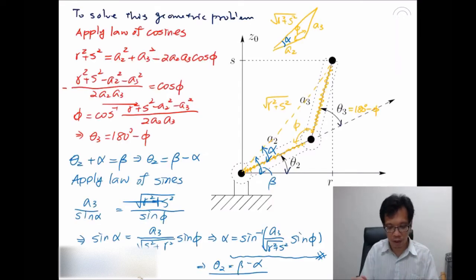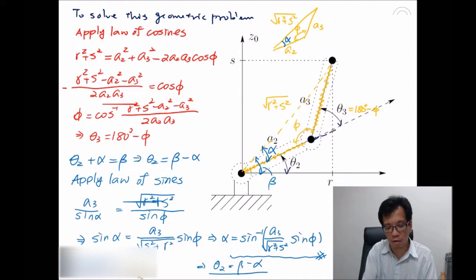So go back to a previous slide over here. When we try to find theta 2 over here, you have no choice but to find alpha and figure out what the beta is, because theta 2 is not always intuitive to be derived.